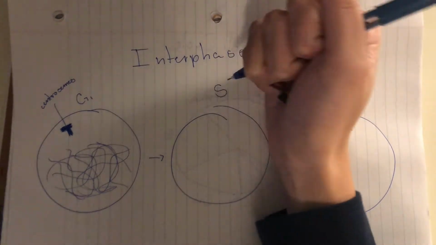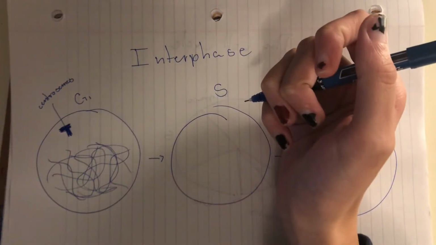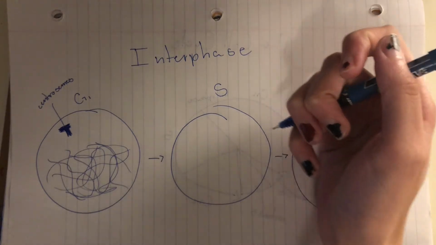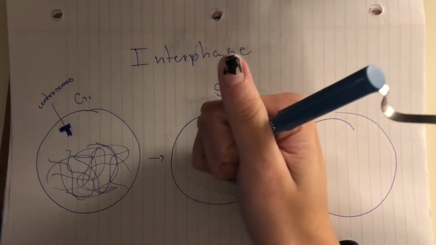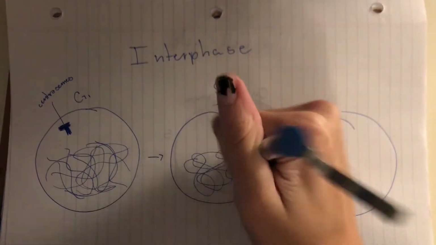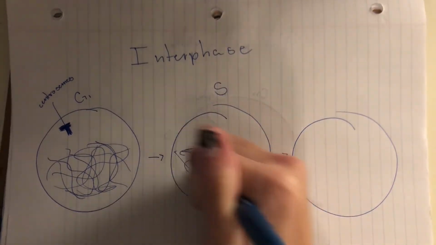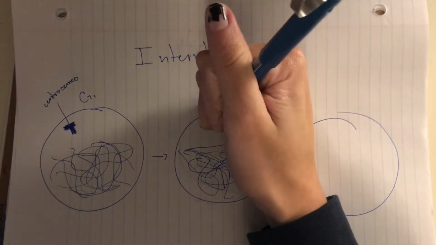So during the S phase, the DNA in the cell is duplicated. So we have, let's just pretend, double the amount. Super important step.